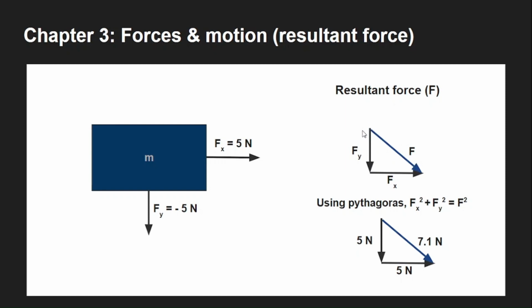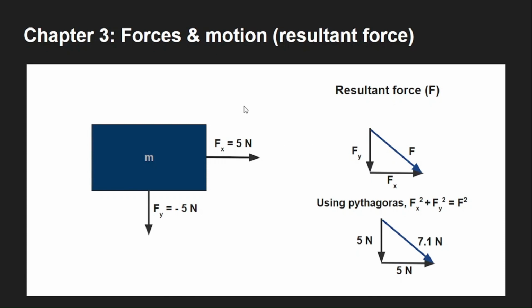Its tail starts where the tail of the first vector, in this case Fy, is present, and its head ends where the head of the second vector is present, which is Fx. So there are two ways of being able to obtain the value of F, the resultant force. One way is by using the scale method, where you draw out the vector triangle at a scale that you've assigned.